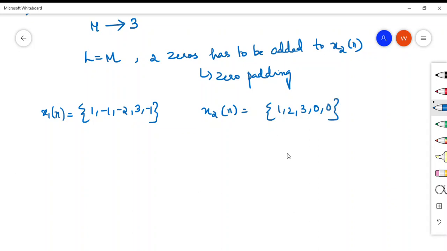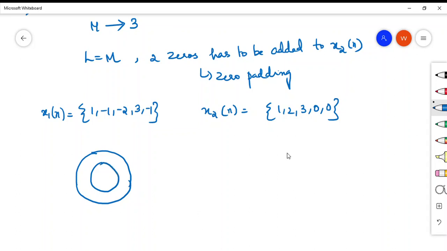Now, for performing circular convolution, the other name being the concentric circle method, you have to draw two circles. One circle represents x1 of n, the other represents x2 of n. So two circles, one inner and one outer, have to be drawn.